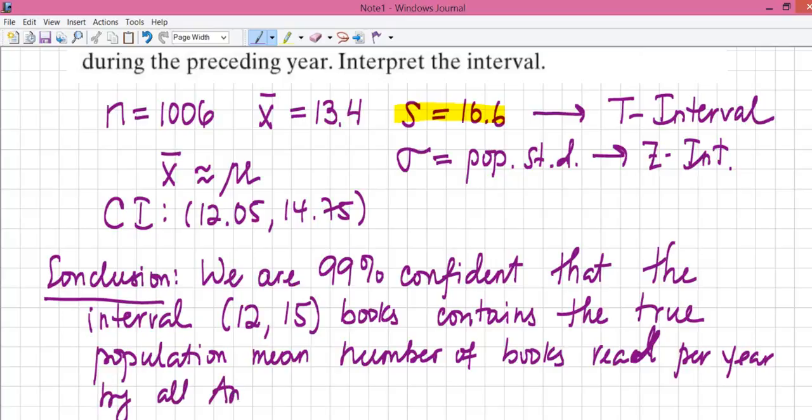And this is crucial, by all Americans, not just those 1,006.